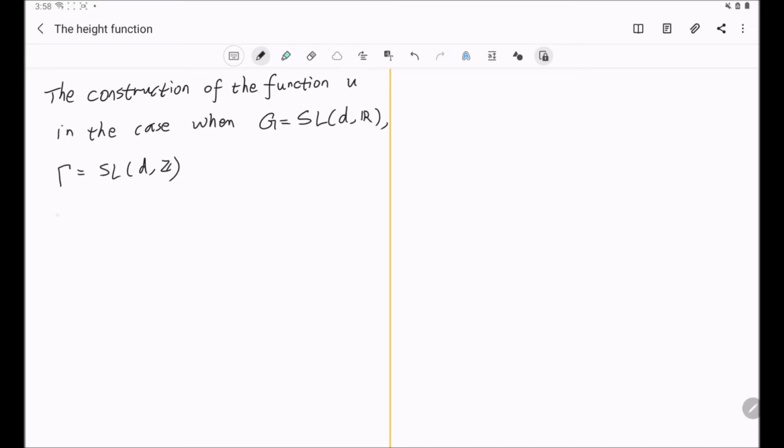First we let E1 through E sub D be the standard basis for R^D.